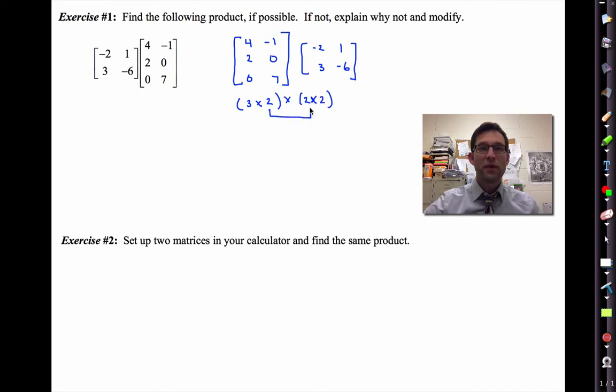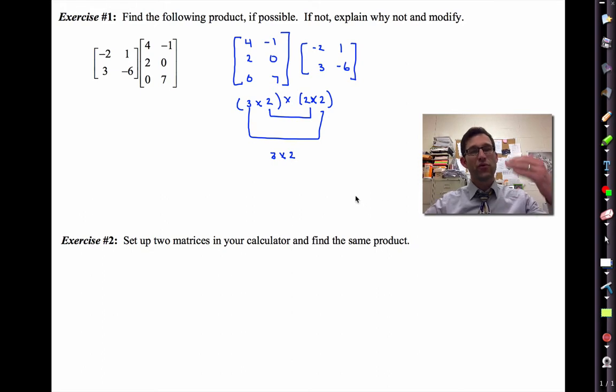I can now multiply them because those match. The beautiful thing is I also know the dimensions of my resulting matrix. It's going to also be a 3 by 2. It's going to have 3 rows and 2 columns.